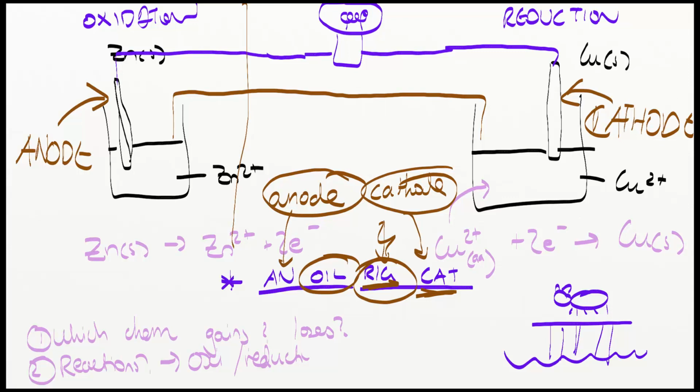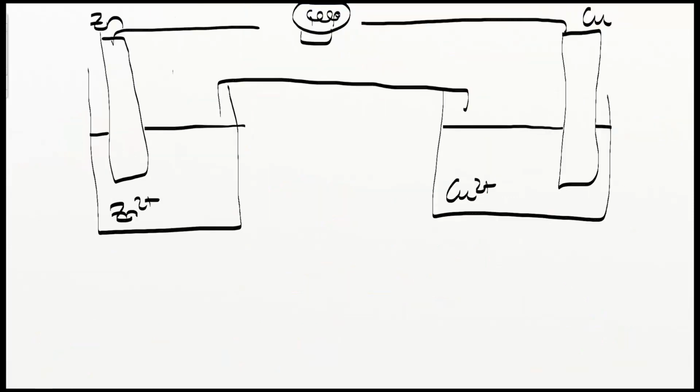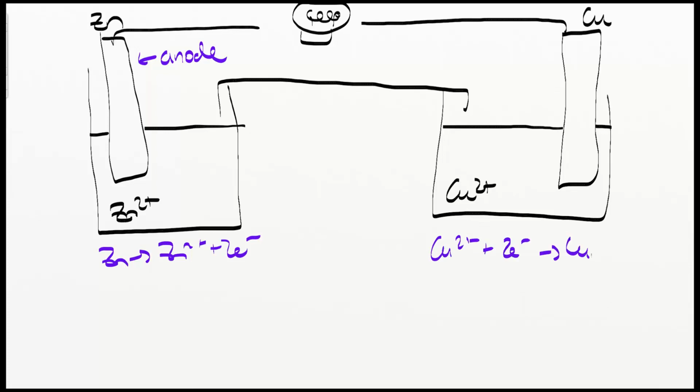The next idea is going to be this. Let's have a look. What we have here is zinc becoming zinc 2+ plus 2 electrons, so we know that this is going to be the anode. And this is copper 2+ plus 2 electrons forming copper solid, and this is thus going to be the cathode. Cool.